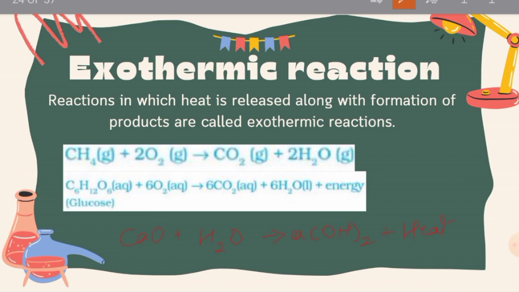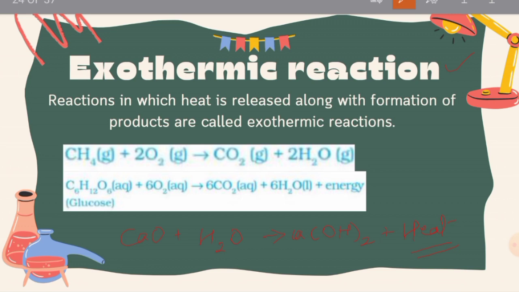Because I'm going to introduce a new type of reaction, that is exothermic reaction. Exothermic reactions are reactions in which heat is released with the formation of products. Here heat is present on the product side, so it is released. This is an exothermic reaction. I hope it is clear.